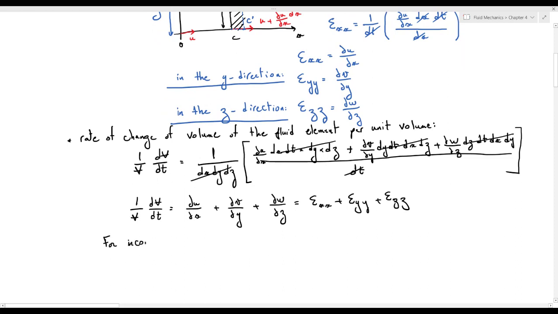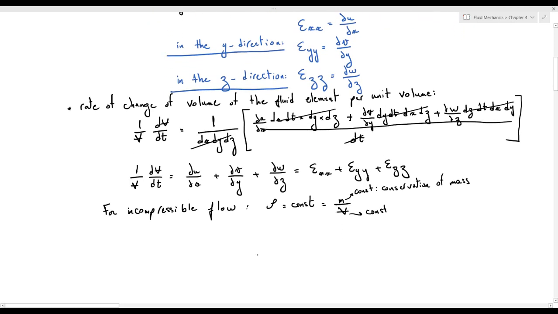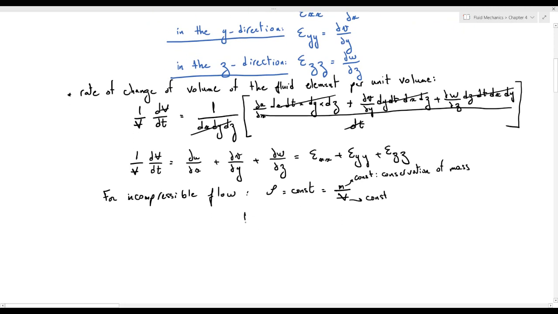So for incompressible flow, of course we know that the density is constant and the variation in density is very negligible. And the density is equal to the mass over volume. Since the mass is constant due to the conservation of mass, then the fluid element should also conserve the same volume. So the volume of the fluid element should be also constant.